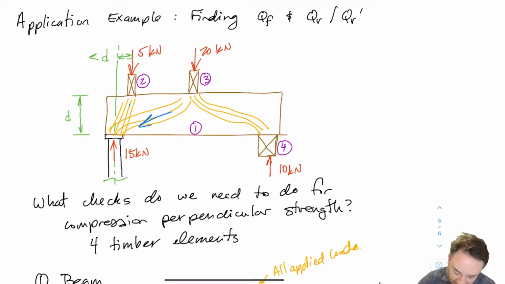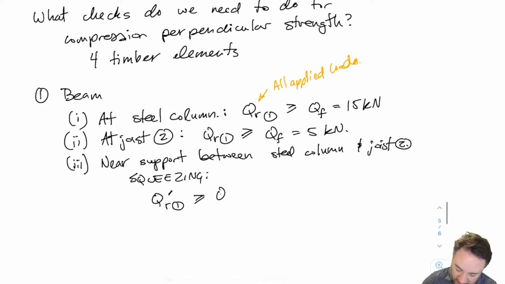And then 5 is coming through here. So this is 5, this is 10, and that makes up 15. But what is the portion of that load that's actually doing the squeezing all the way through? It's only the 5. So here I'm going to only check this against QF equals 5 kilonewtons.